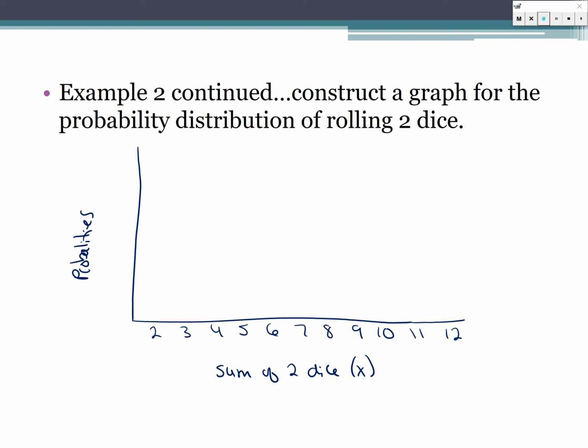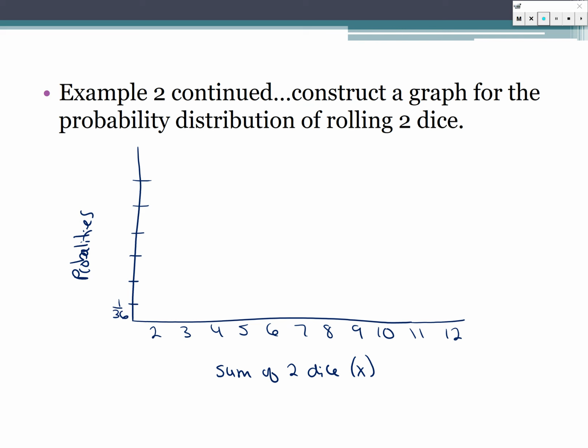And we want to make sure that we do have a scale going up by an equal amount. So my probabilities are all dealing with 36, so I'm going to go up by 36ths each time. So 1/36.